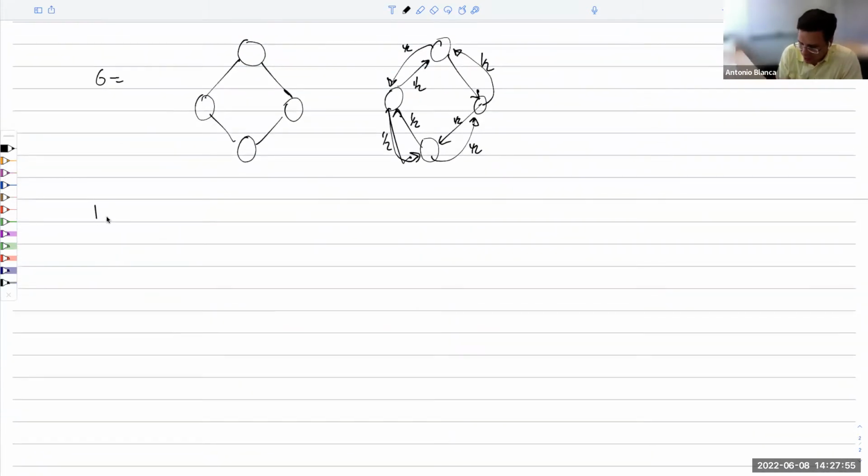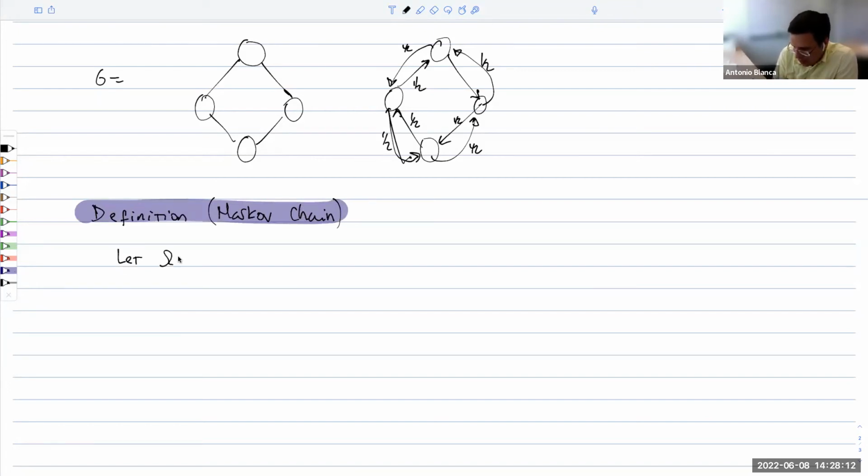No? Okay, so let's now give you a definition of a Markov chain. Let omega be a finite set. We're going to call it a state space.